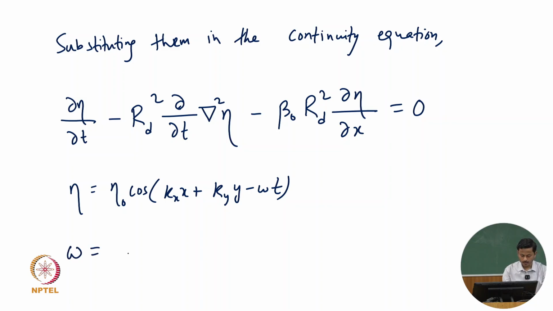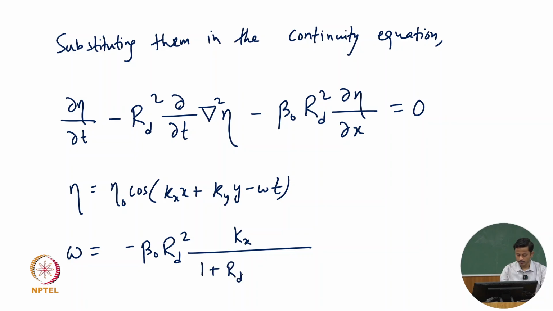We get omega is equal to minus beta naught rd squared kx by 1 plus rd squared times kx squared plus ky squared.